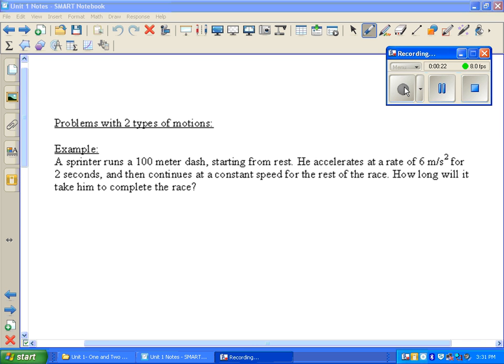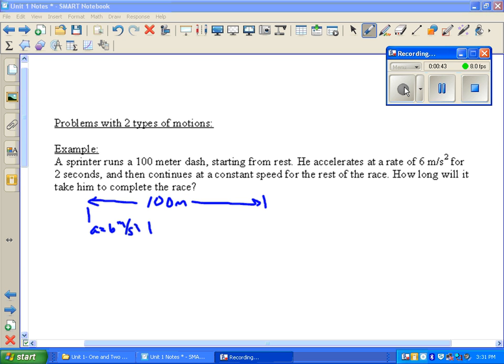So when you have one of these, what you're going to have to do is split it into two parts and maybe sketch a little picture. So the entire race is going to be 100 meters, but he's going to split it into two. For the first part of the race, we're going to write down that the acceleration is 6 meters per second squared.